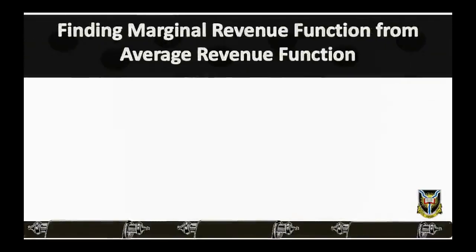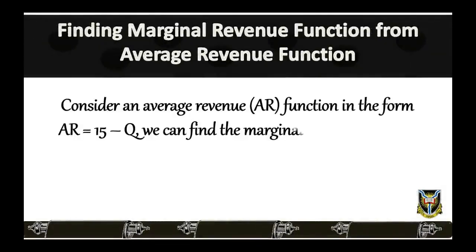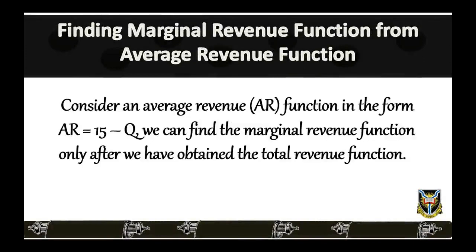Finding the marginal revenue function from the average revenue function. Consider an average revenue function in the form AR equals 15 minus Q. We can find the marginal revenue function only after we have obtained the total revenue function.